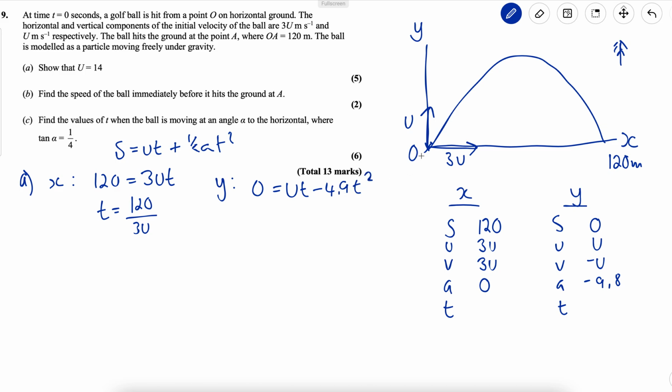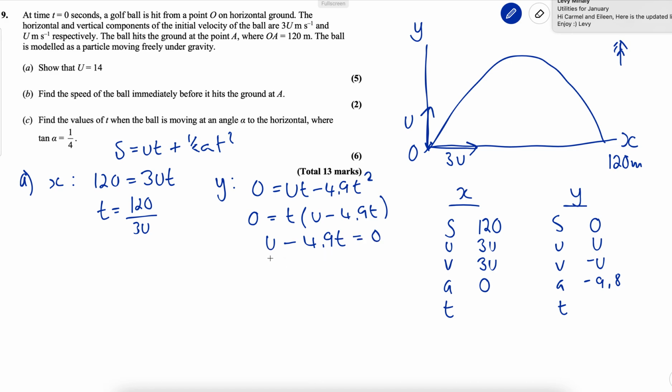Now I know that its displacement from the ground is 0 at time 0 and at some unknown time over here. So I'm going to factorise out the t. I know that t is either equal to 0 here, but I actually want this value. So u minus 4.9t is equal to 0.